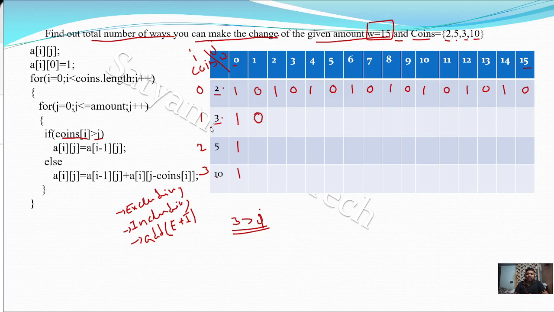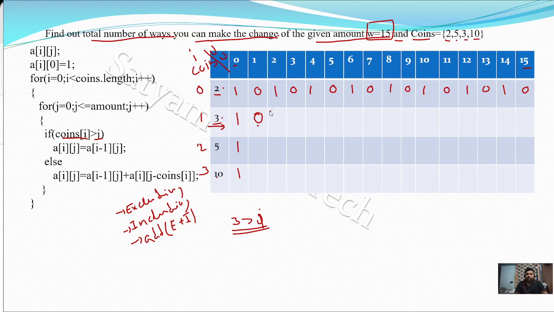So what is the meaning of that? In that second row you can include 2 rupee coins. How many ways to make 1? It is 0. Plus by using 3 you can make 1 rupee, it is not possible, that is 0. So that's why the previous value is 0. Now here you can make 2 rupees, you can include the 2 rupee coin. So you can take the previous value without solving that problem again and again. How many ways? Not including this 3, you can include only the 2 rupee coin.